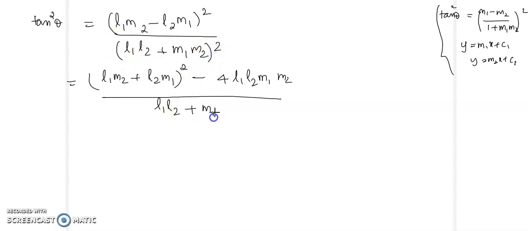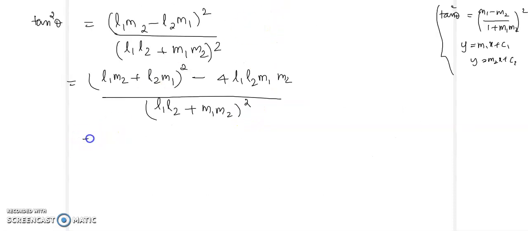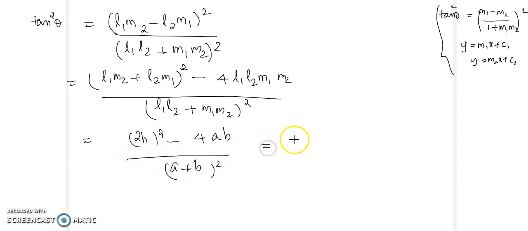Now we equate the coefficients and substitute the values found. So this will be 2h whole square minus 4 ab, and the denominator will be a plus b whole square. So that will be 4 times h square minus ab by a plus b whole square.